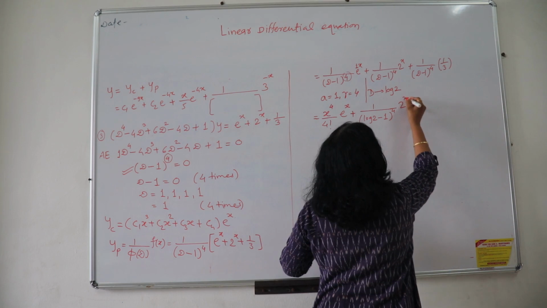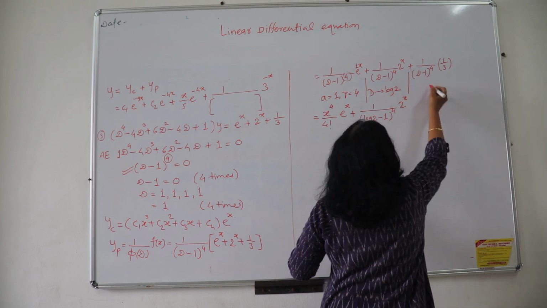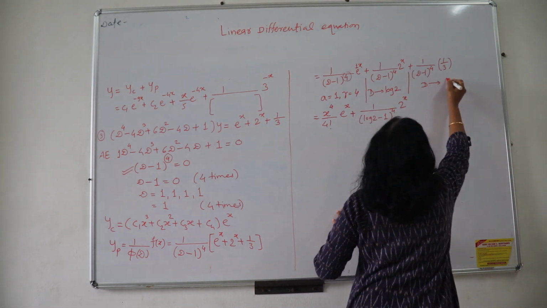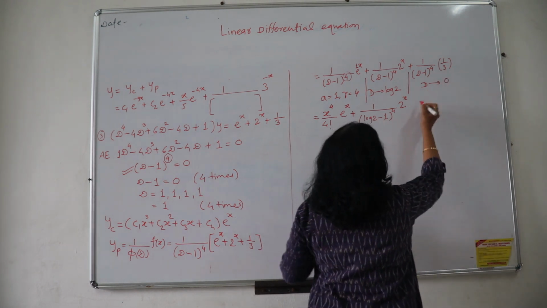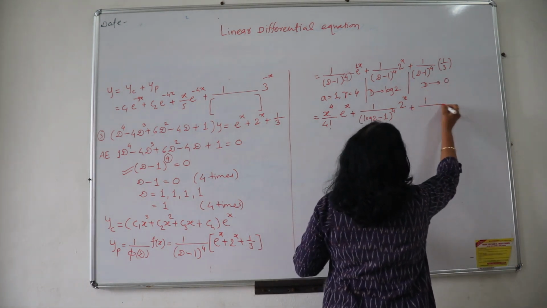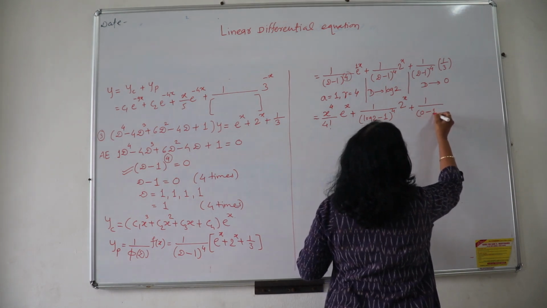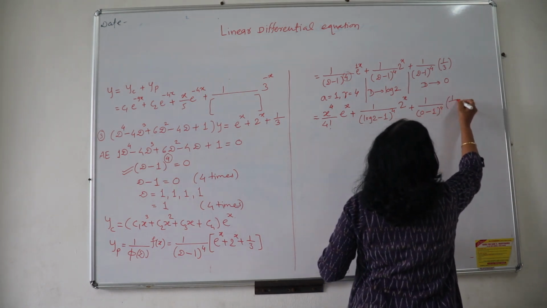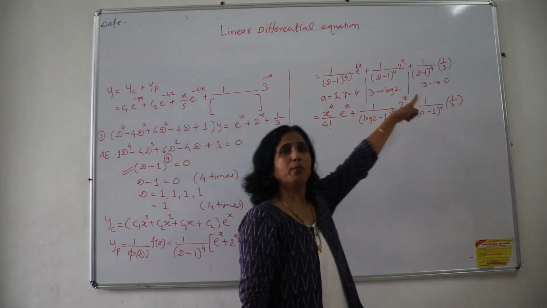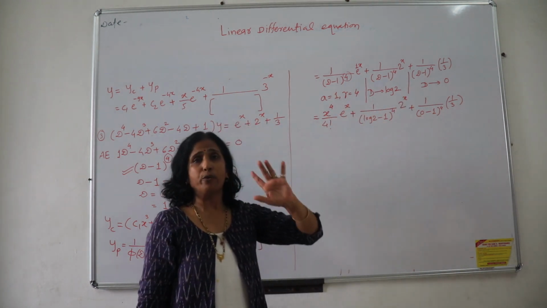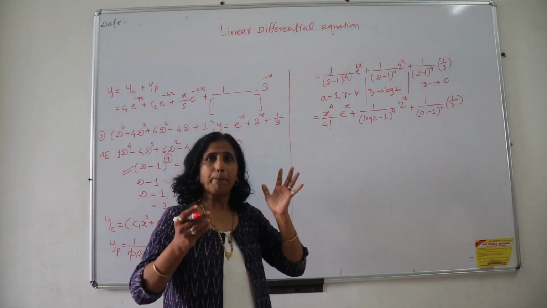And 2 raised to x. For the next part you will say D is replaced by 0 because this is a constant function. So this is (0 minus 1) raised to 4 and the function remains as it is. All of you must have noted that this is possible only if you know the formulae well. You should come prepared with that.